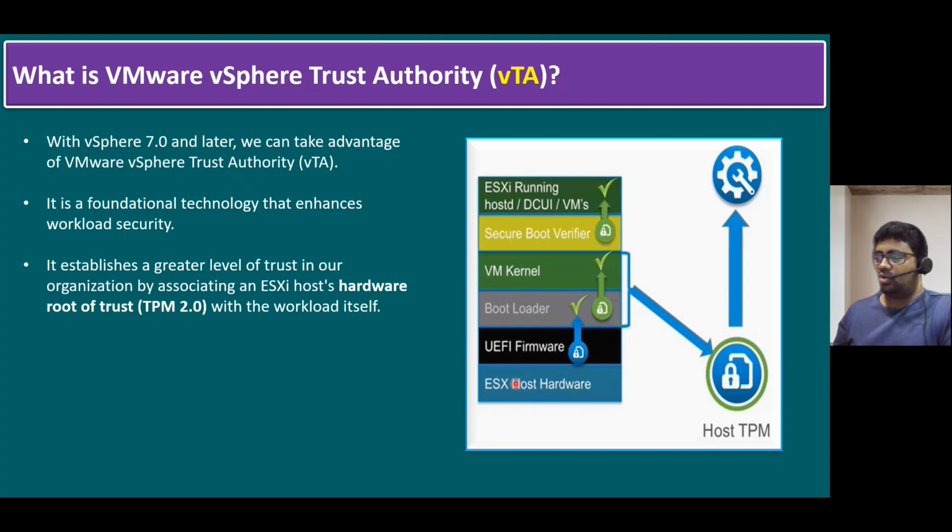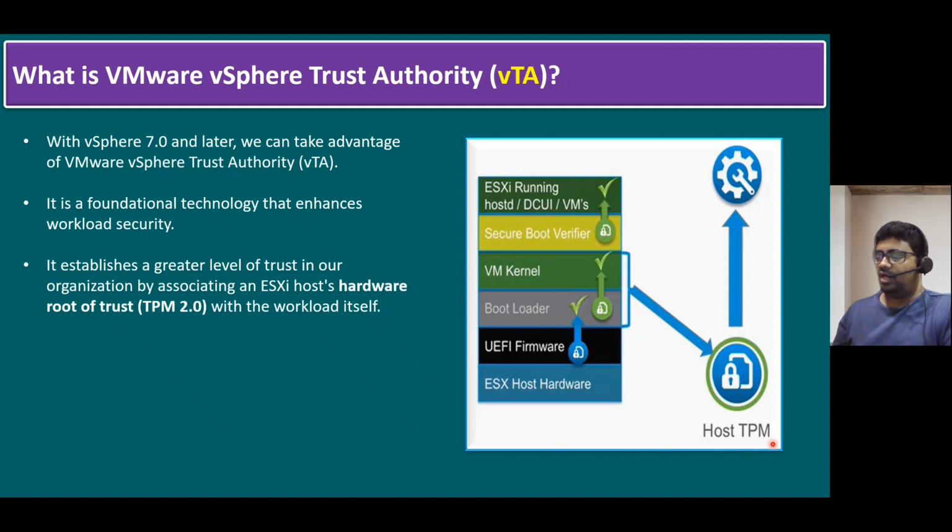These are the most common things during the foundation setup. Once the hardware is running with the latest firmware, we are good to install the ESXi operating system. The ESXi operating system comes with a bootloader, and the main key component in it is the VM kernel. To secure this information, a component called the host TPM was introduced.